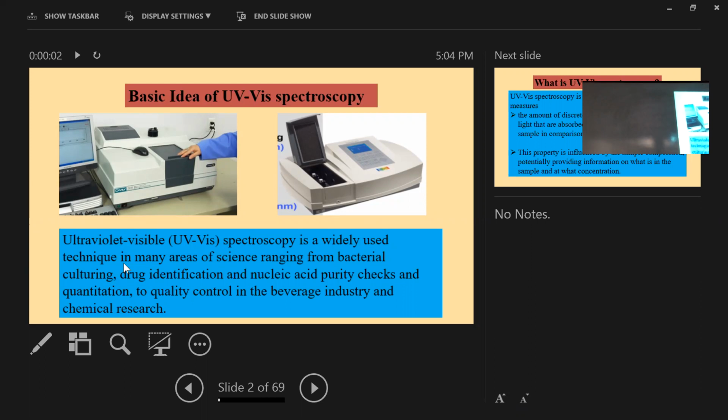For visible, I have mentioned close to 400 to 800 nanometer. So let us choose any light from here, maybe 600 nanometer, and from the UV we consider 150 nanometer. Then you can calculate the energy for the two different lights.